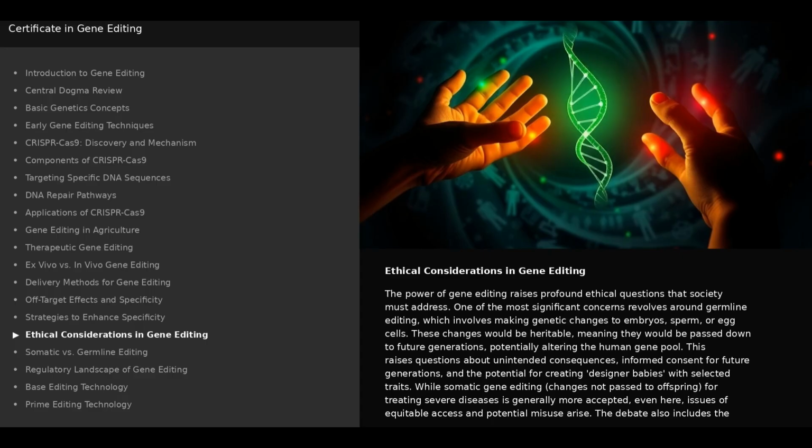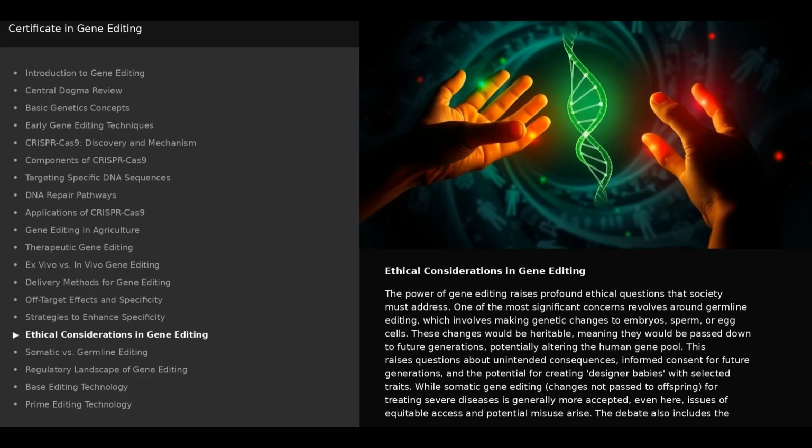This raises questions about unintended consequences, informed consent for future generations, and the potential for creating designer babies with selected traits. While somatic gene editing, changes not passed to offspring, for treating severe diseases is generally more accepted, even here, issues of equitable access and potential misuse arise.